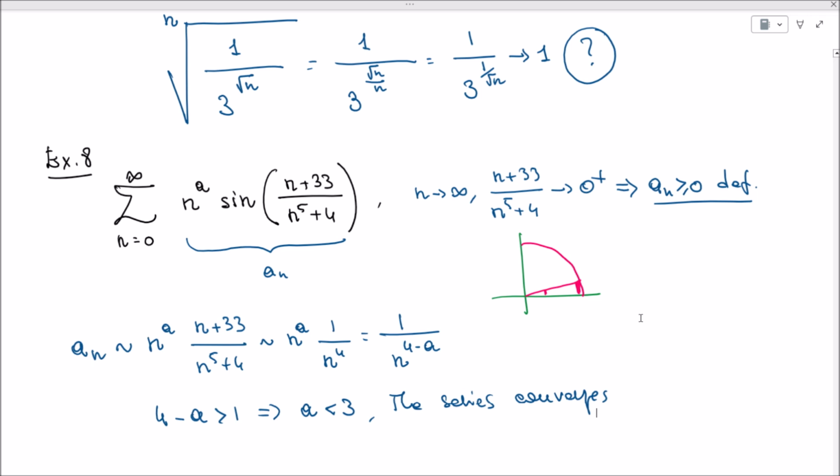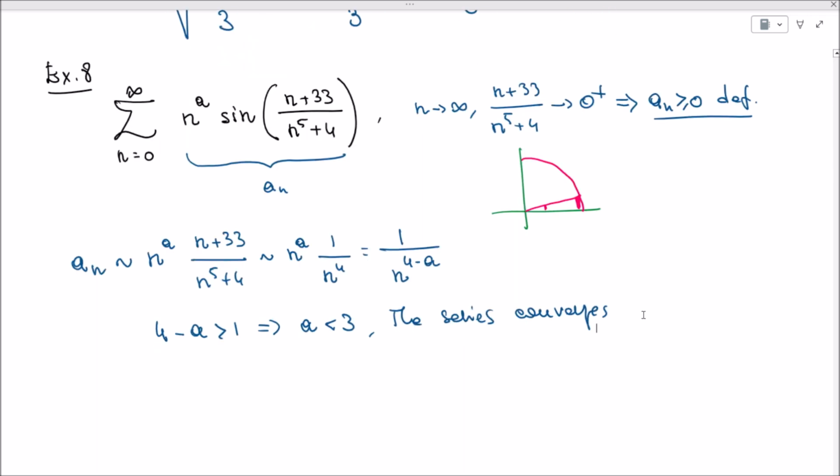Now, this was just a first intuition about this. We want to be formal now, so let's prove this formally. Because of our first sketch, we know that the series that we want to use is the one corresponding to the sequence bn equal to 1 over n to the 4 minus a.